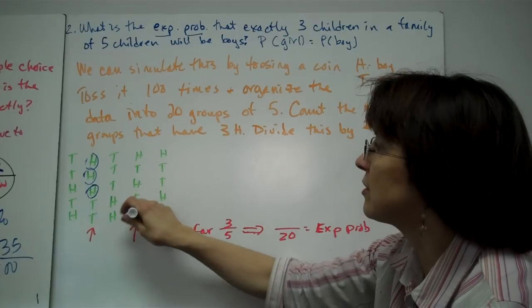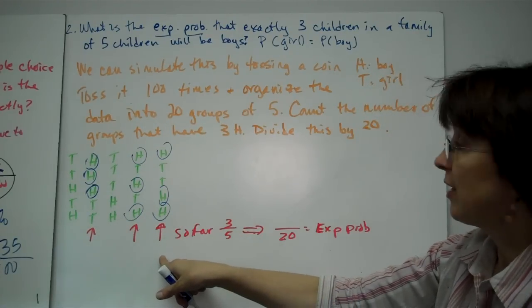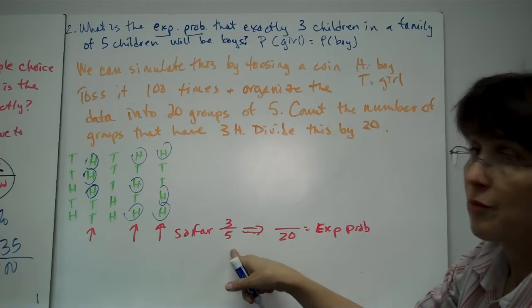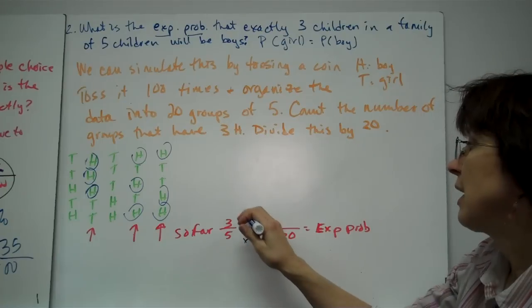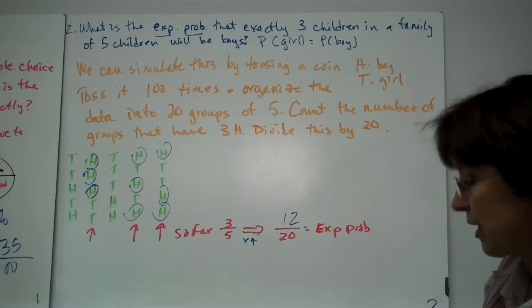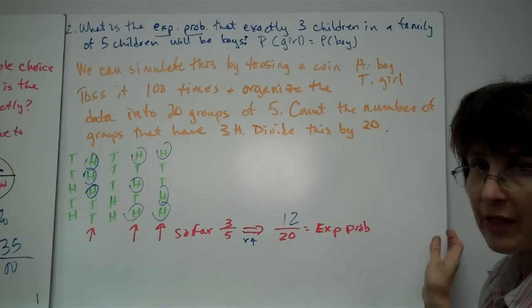This is only 2 boys. This is 3 boys right here. Here's another group of 3 boys. So already, out of the first 5 examples of how I tossed it, 3 of them were boys. If we multiply this by 4, we get 12 out of 20, but it might be much better to go ahead and do the actual 20 times and see if you got that many. Then you would get your answer and make it into a percent.